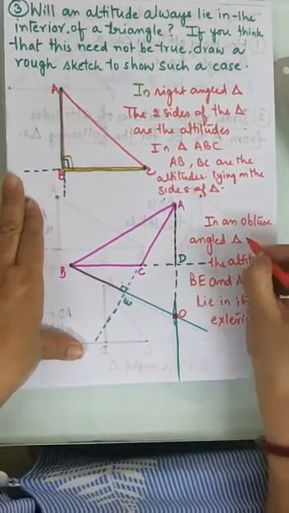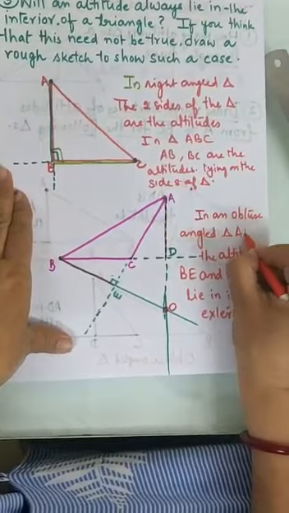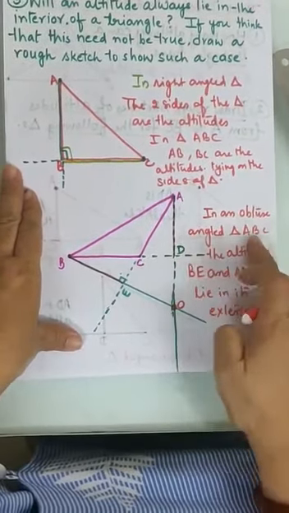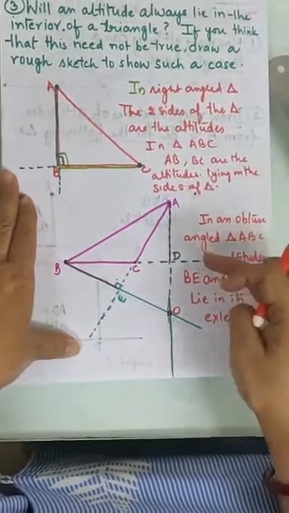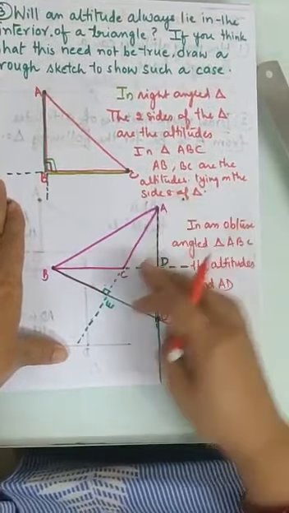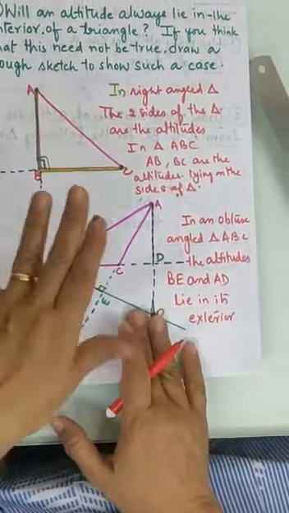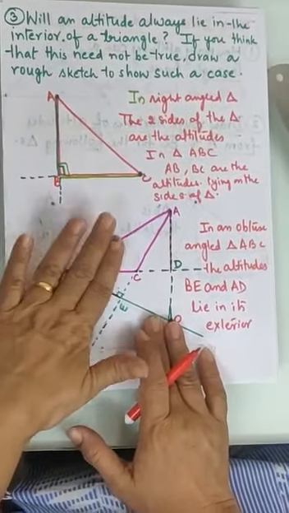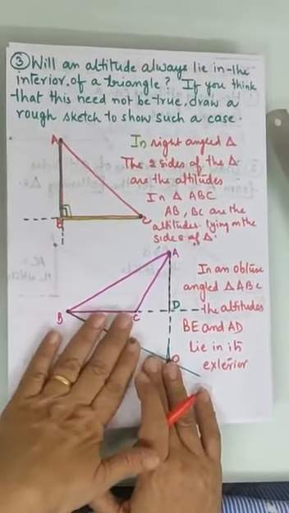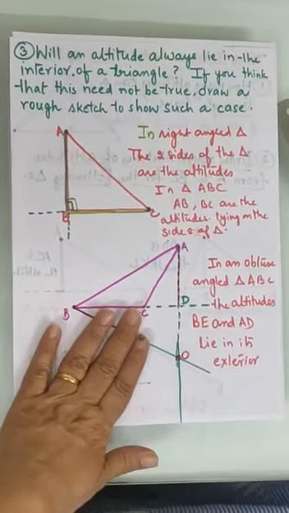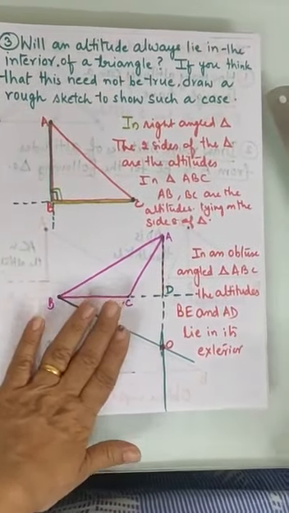Okay, obtuse angle triangle ABC. Okay, so in an obtuse angle triangle ABC, the altitudes BE and AD lie in the exterior of the triangle. So with this, think, discuss and write on page number 115 is over. From the next class, we shall start the exercise 6.1. Okay.